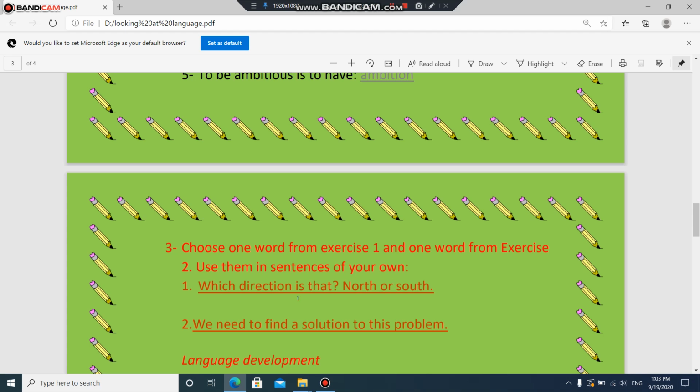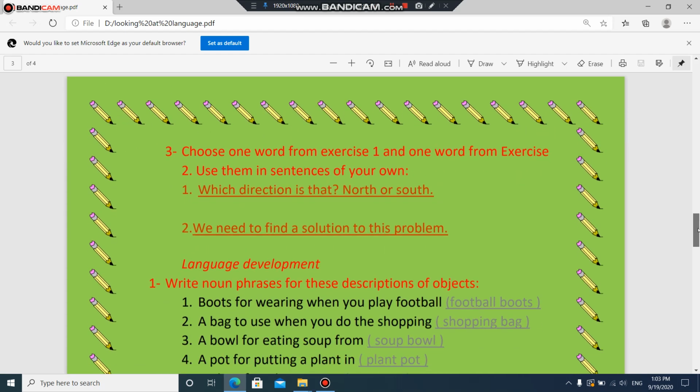Of course there is more than one answer. It tells you that you have to choose a word from exercise number 1 and put it in a sentence, and choose a word from exercise number 2 and put it in a sentence. Okay, for example, which direction is that? North or south? Number 2, we need to find a solution to this problem. I think it's so easy, it's not difficult.